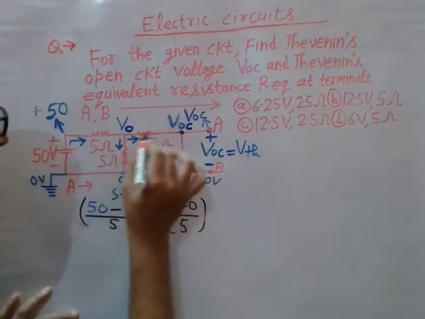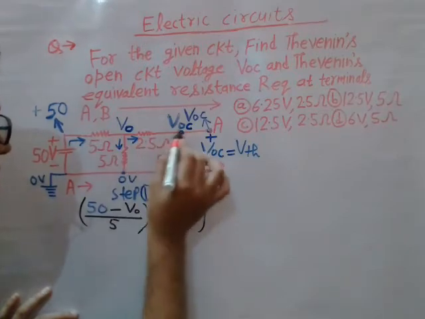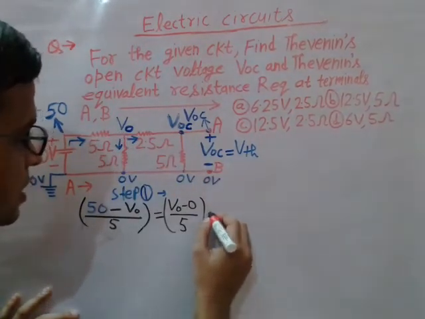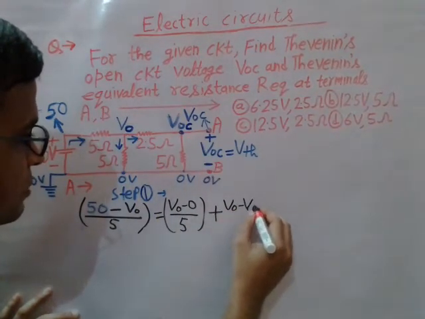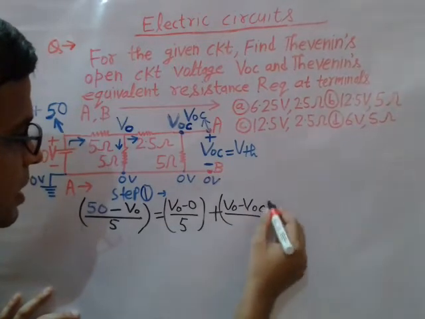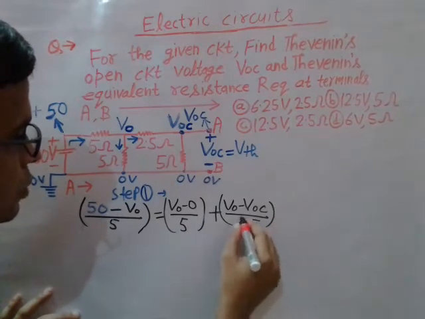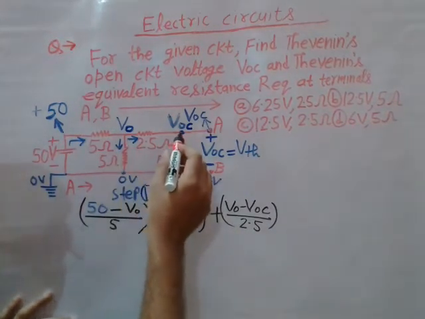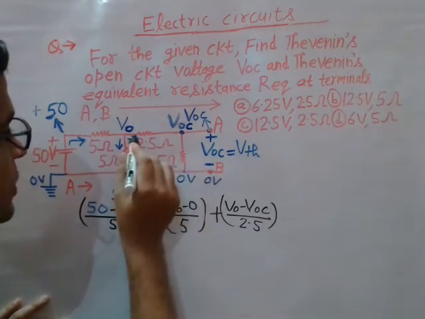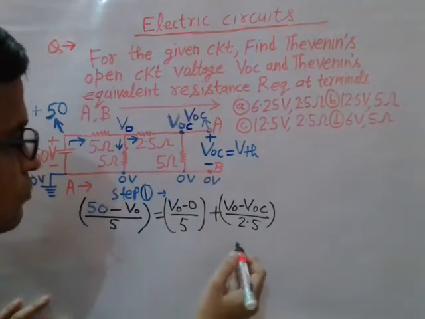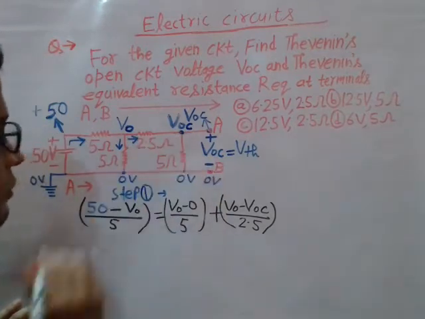Now what is the value of the current flowing in this 2.5 ohm resistance? The value of this current is V naught minus VOC, whole divided by 2.5. So you basically take the potential difference and divide it by the resistance between these two nodes. This is the current flowing in this 2.5 ohm resistance.